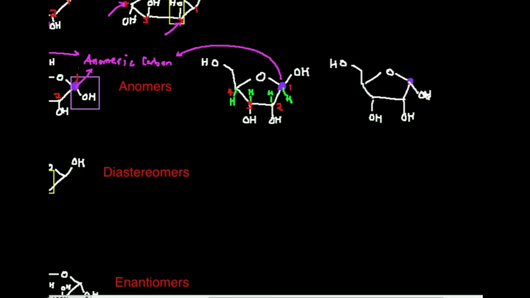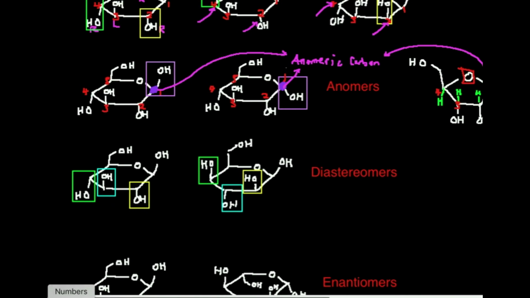I generally just draw it like this and say the one clockwise from the oxygen in the ring is 1 by default. You can number it any way you want, but generally in all of these, the anomeric carbon is going to be directly right next to that oxygen. And actually the reason that the chemistry happens there has to do with this oxygen. But hopefully that makes sense of what an anomer is.